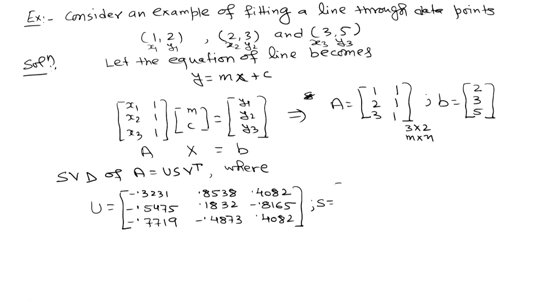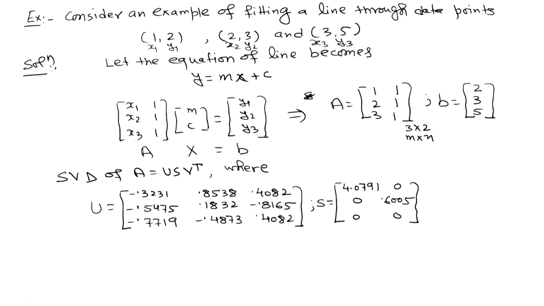Here the matrix S will become a 3 by 2 matrix, which will have 4.0791 as the first singular value of A, the biggest one, then 0, 0, and sigma 2 will be 0.6005, and then a row of 0s, m minus n number of 0 rows.